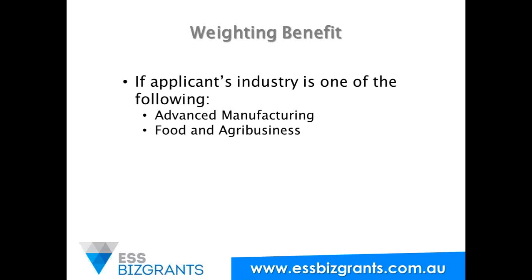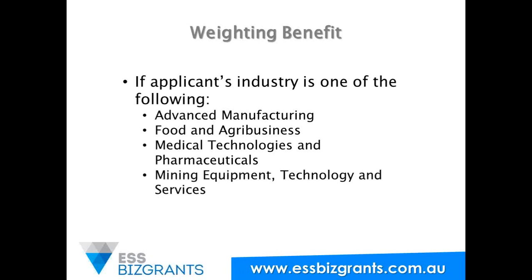That covers a very wide area, but is the applicant part of that? The next one is food and agribusiness. Now this doesn't include the growing of the crops or the farming of animals, but it's the manufacture of the food and agribusinesses. Next one is medical technologies and pharmaceuticals.